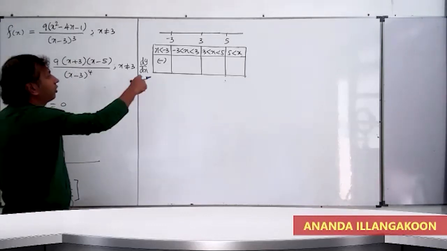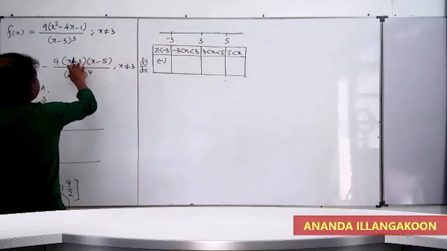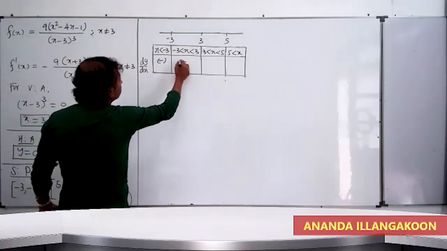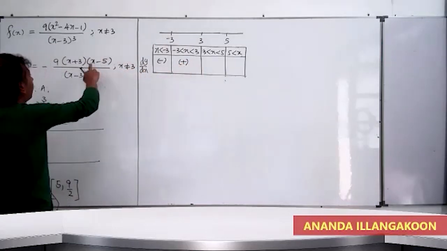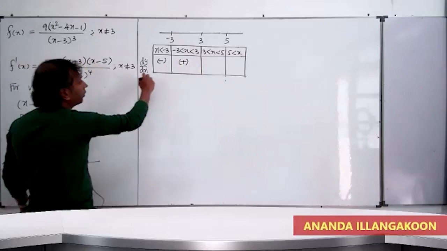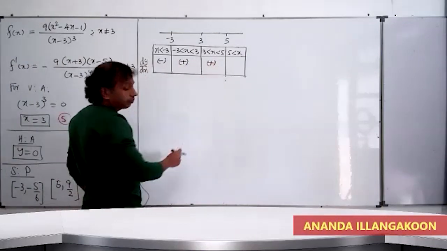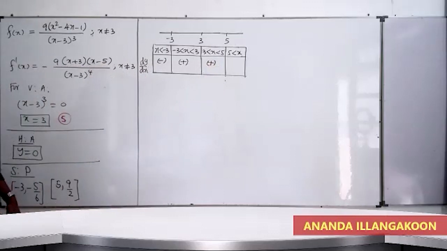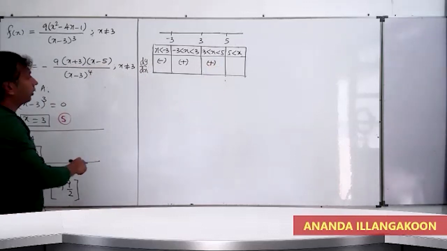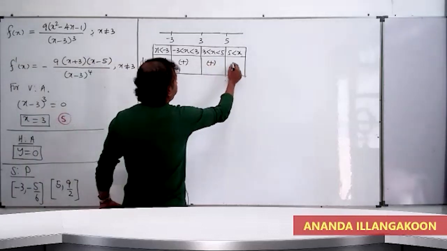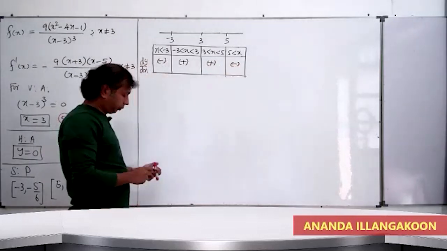In this interval, put x equals 0: plus. The next one is also plus. More than 5 is minus.